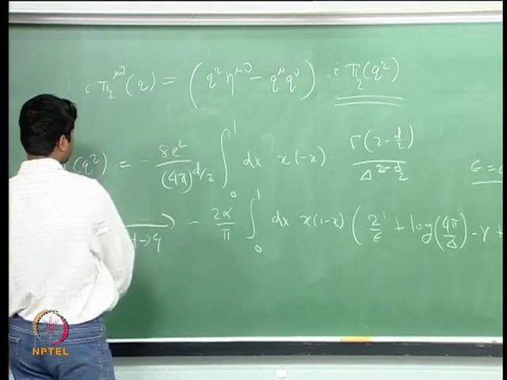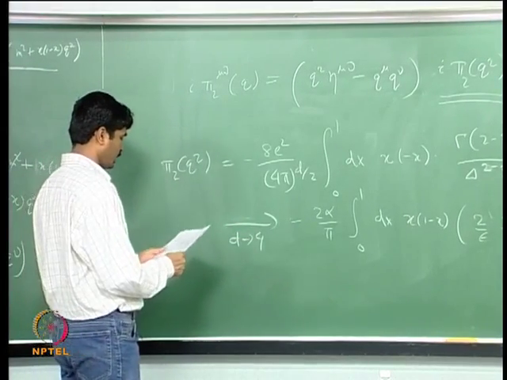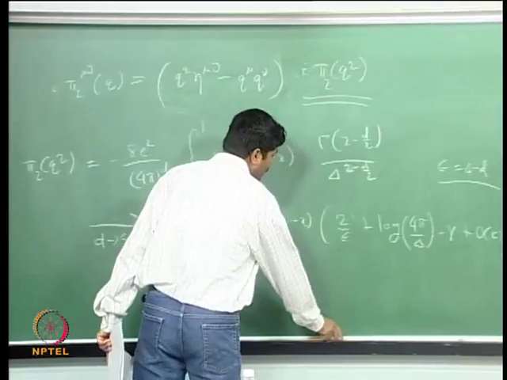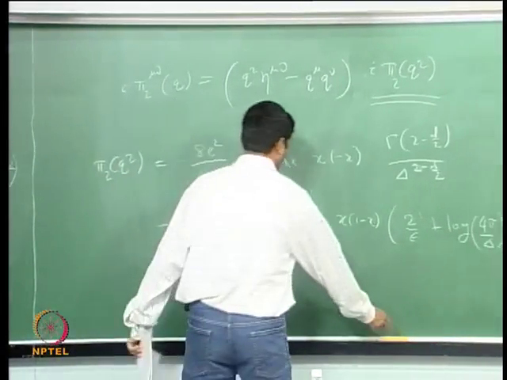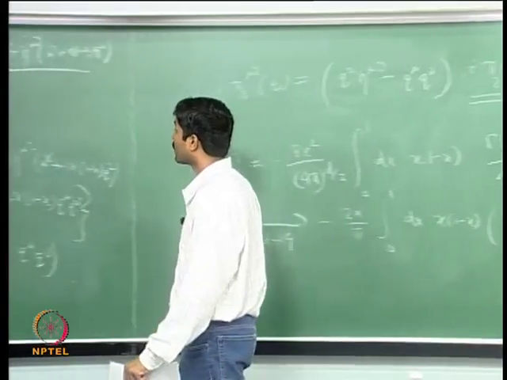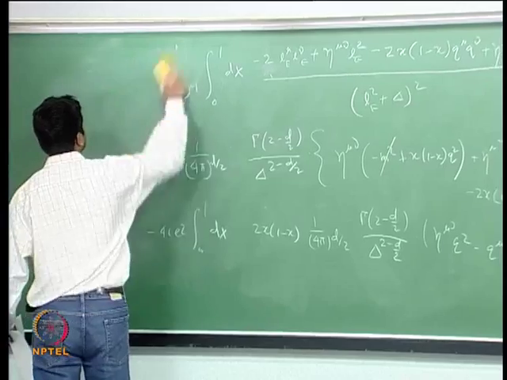From this expression for pi 2 of q square, you in fact can compute the q square dependence of the electrical charge, or in other words the q square dependence of the fine structure constant.